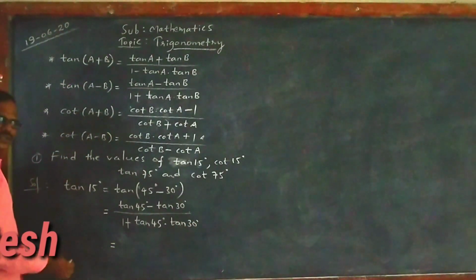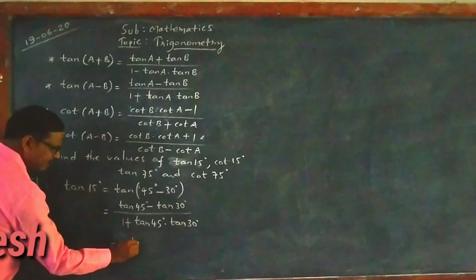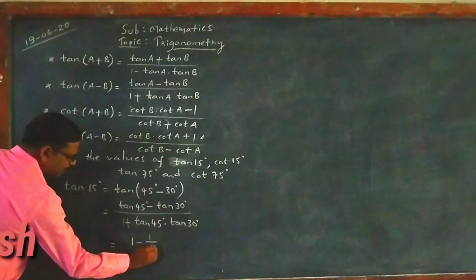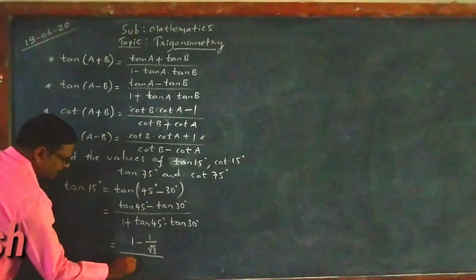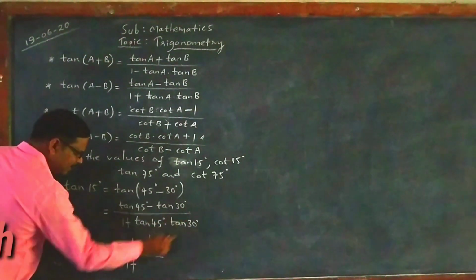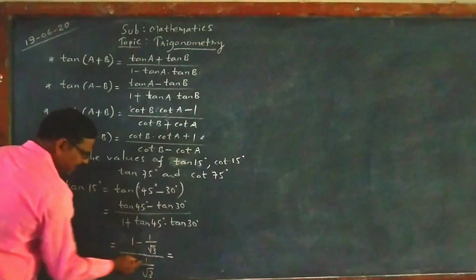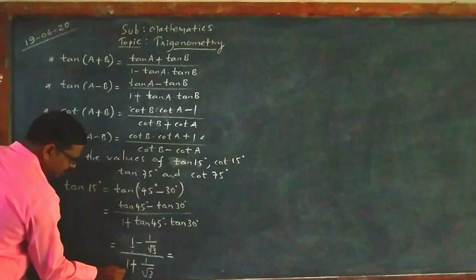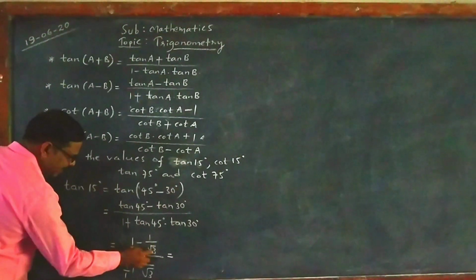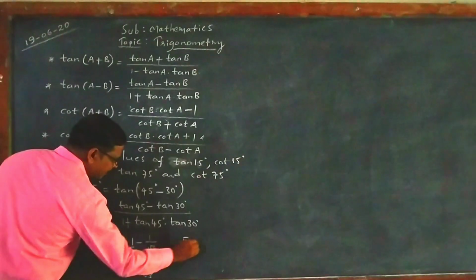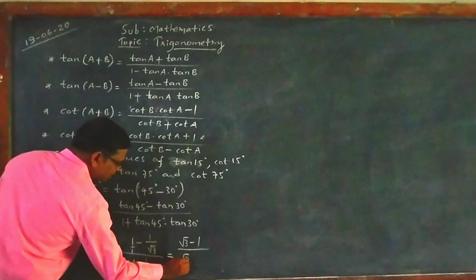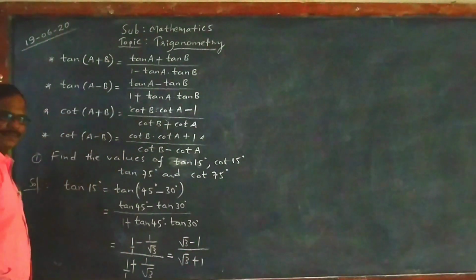We know the values: tan 45 is 1, tan 30 is 1 by root 3. So 1 minus 1 by root 3 upon 1 plus 1 by root 3. You can take LCM here, by 1, consider 1 by 1. Okay, root 3 minus 1 upon root 3 plus 1.